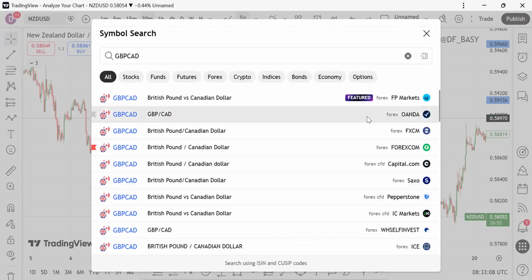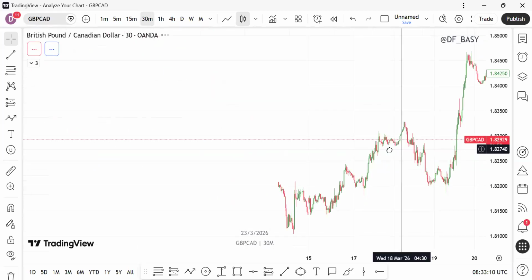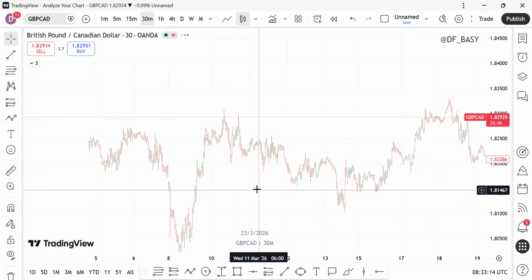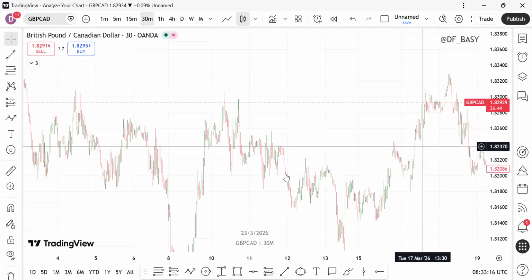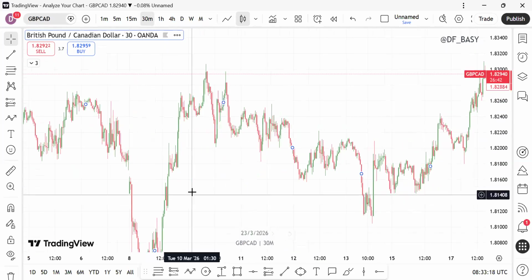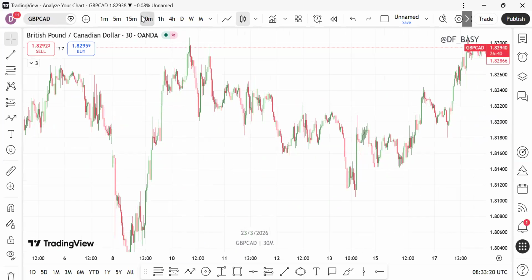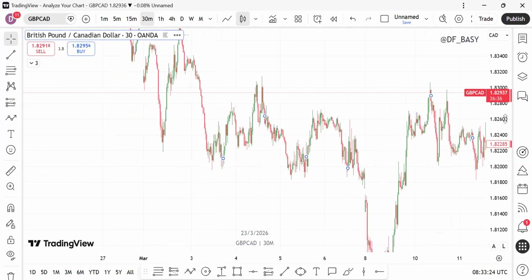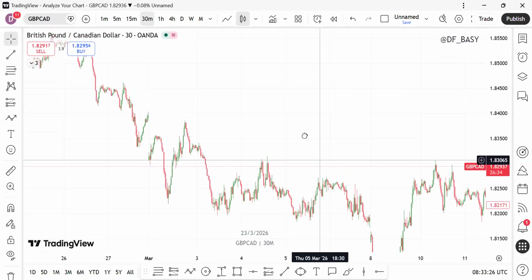I'm looking for something that's a very clean structure. Okay, this is it. So now, what are we focusing on? I want to show you how the base structure looks. This is a bearish structure.